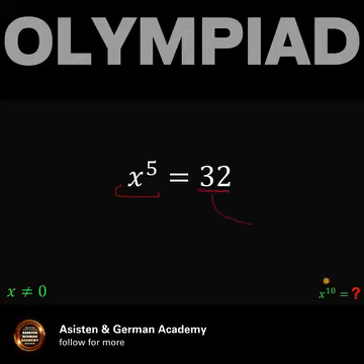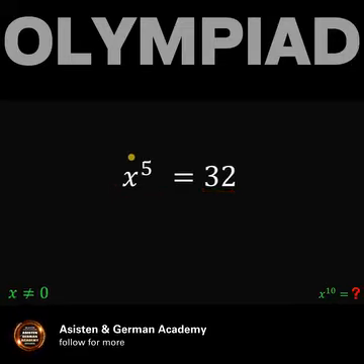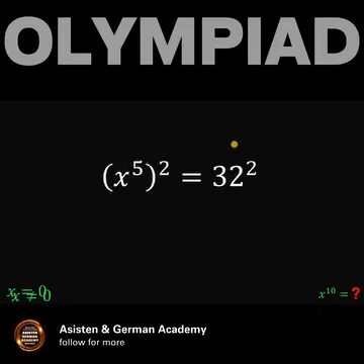Now, what we want is the numerical value of x raised to the 10th power. So why not square both sides? Because using this, we can use this law of exponents: if we have b raised to the power of a, raised to the power of c, this must be equal to b raised to the power of a times c. 2 times 5, this will give us 10.